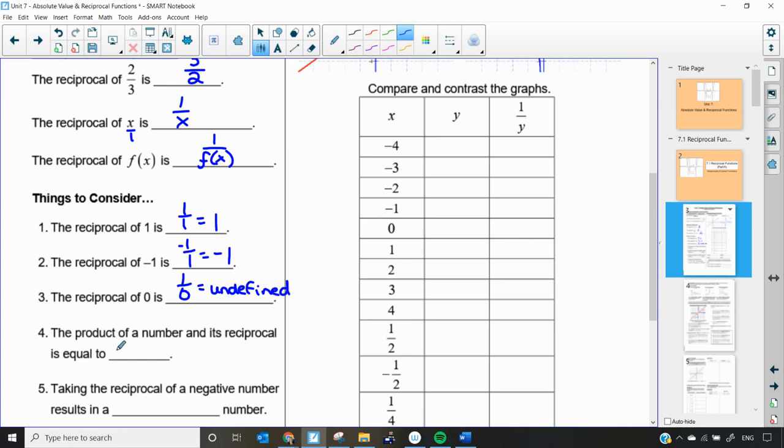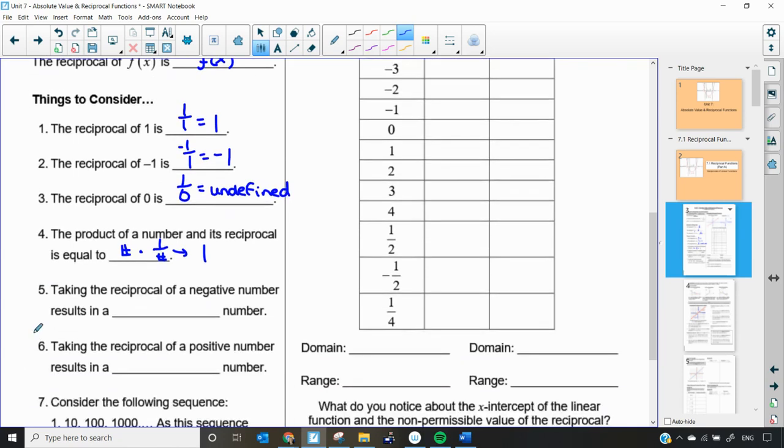Now, if we look at the product of a number and its reciprocal, if I have some random number and I multiply by 1 over that number, my answer would be 1. So the product of a number and its reciprocal is always equal to 1. For example, the product of 4 and 1 over 4 would be 1.